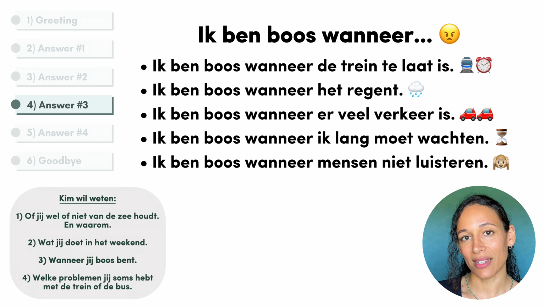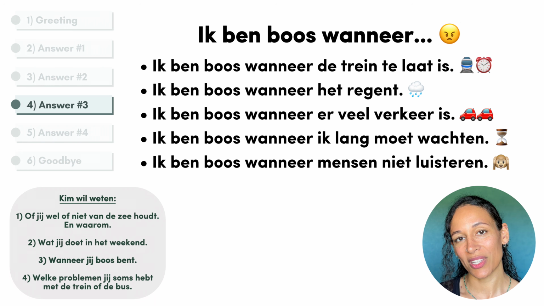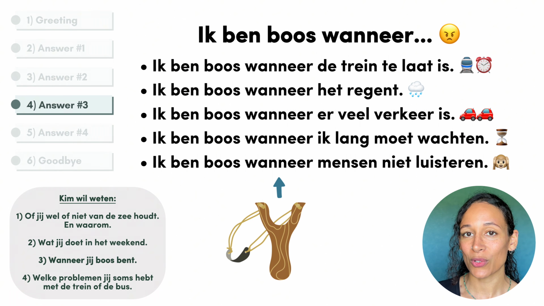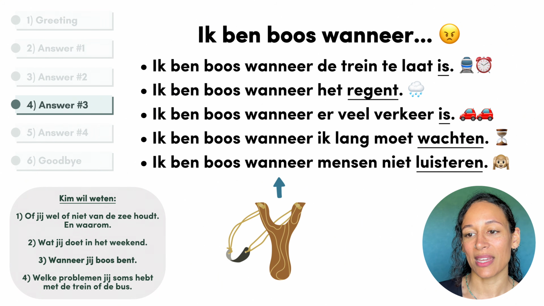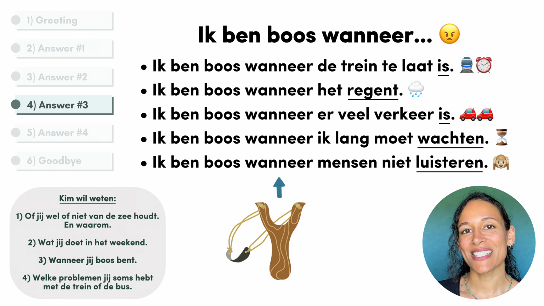When is it raining? But when you use question words without forming a question, then you're creating a subordinate clause, a bijzin. And that means the verb gets catapulted to the end of the sentence. So that's why we say, ik ben boos wanneer het regent, and not, ik ben boos wanneer regent het. But as always, the good news is that at this level, you don't have to do this correctly yet.